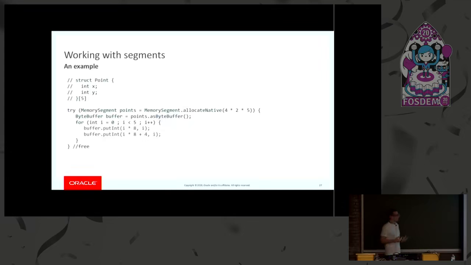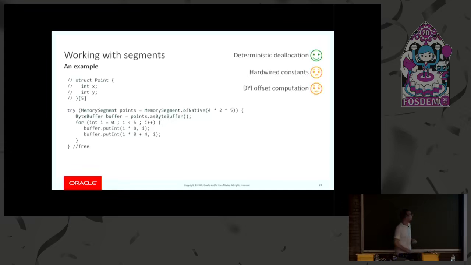So did I gain anything by doing this round trip between memory segments and ByteBuffer? Well, actually I gained quite a bit, because I got rid of that expensive allocateDirect operation. The ByteBuffer that we are creating now is just a view of the memory of the segment. So it's a much cheaper operation to do. And we also have a deterministic deallocation at the end.